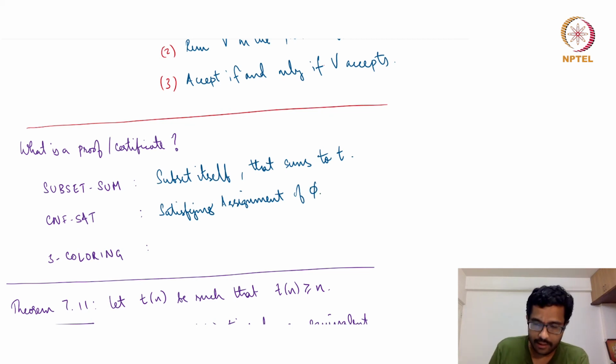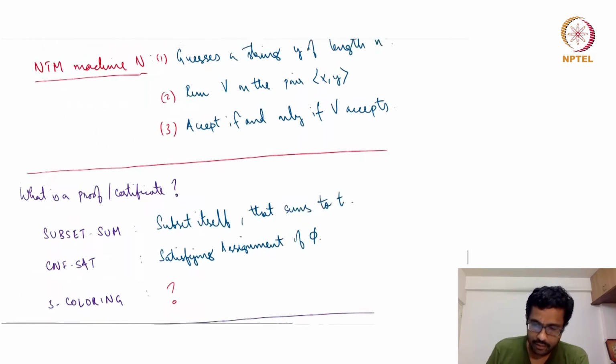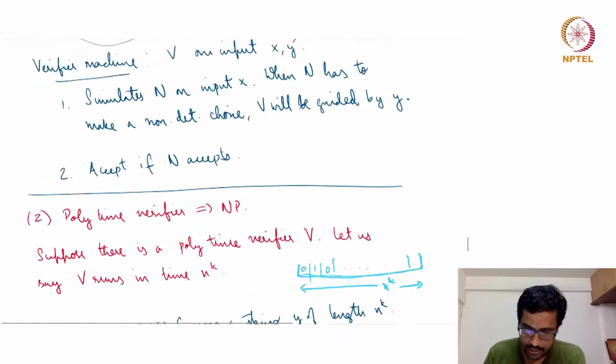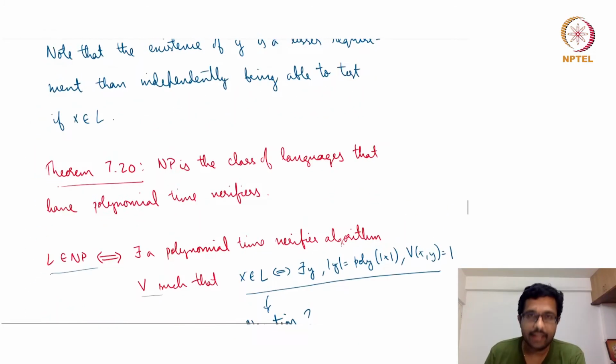And in the case of three coloring, I'm not going to say it. You can think over it. What was the proof or certificate that the given graph is three colorable, right? So just to summarize, we have seen SAT and we have seen CNF-SAT and pre-CNF-SAT.